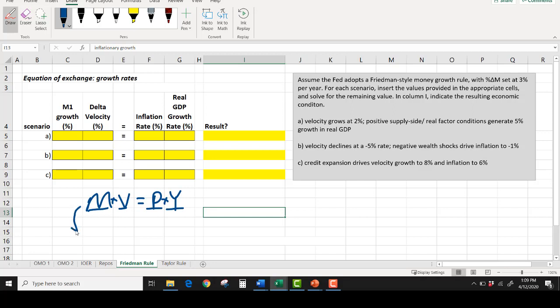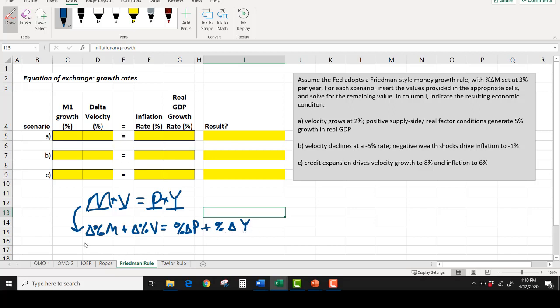We are working with it though in what we call the dynamic version of the equation, where we think about the percent delta growth in M plus the percent delta growth in V equaling the percent delta growth in P plus the percent delta change in Y, right?